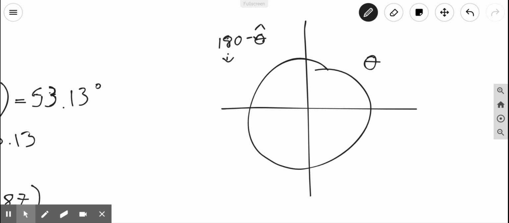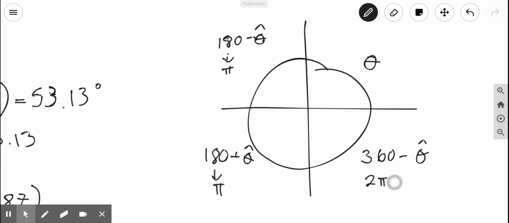In the third quadrant, it would be 180 plus theta hat, or again, pi plus theta hat if you're in radians. And finally, your last quadrant is going to be 360 minus theta hat, or 2 pi minus theta hat if you're in radians. So if that's something that's confusing, just follow this method and you're always going to get it right.